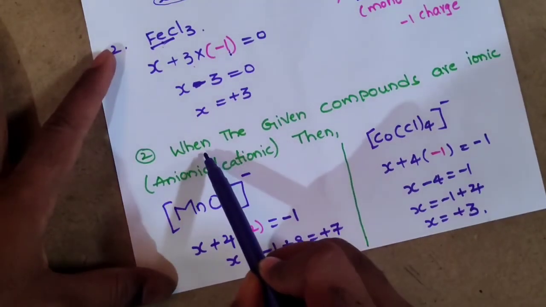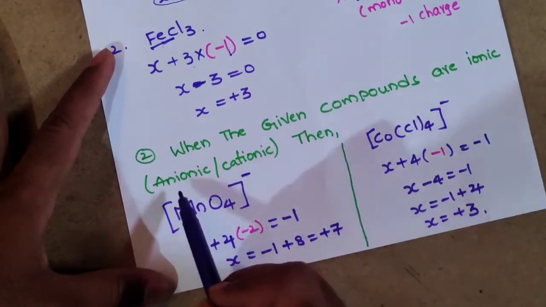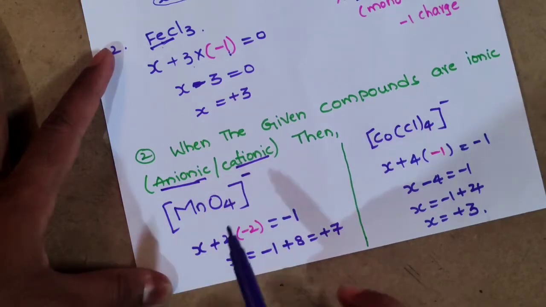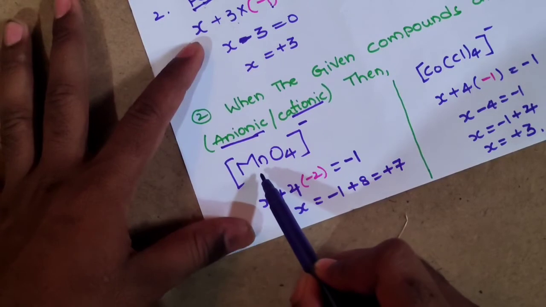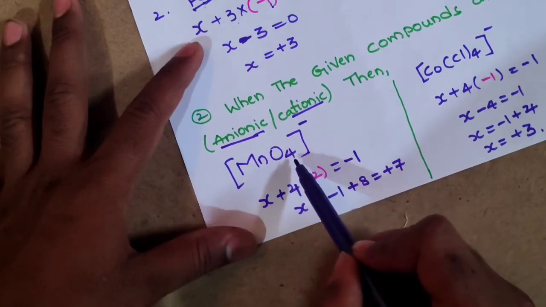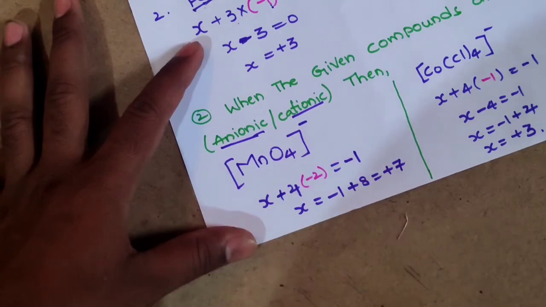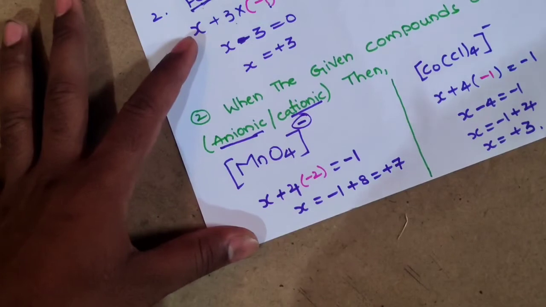When the given compounds are ionic, whether cationic or anionic, we have to follow this method. See, we have manganese with 4 oxygen around the manganese and a -1 charge on the overall complex.